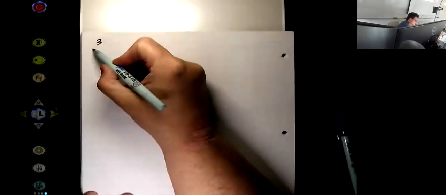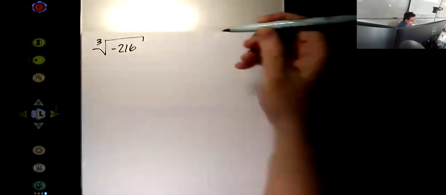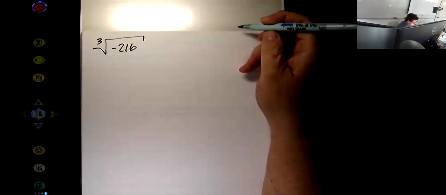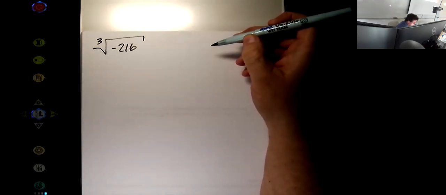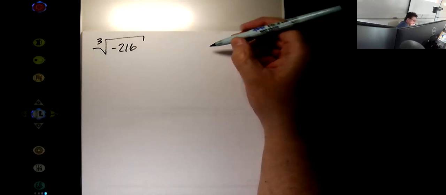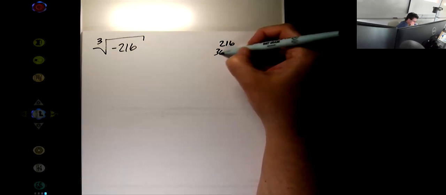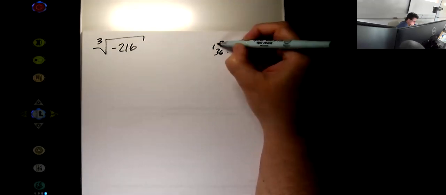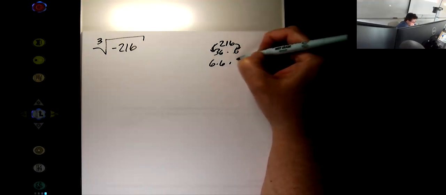So if we do something like the cube root of negative 216. 216 is 36 times 6, and 36 is 6 times 6.